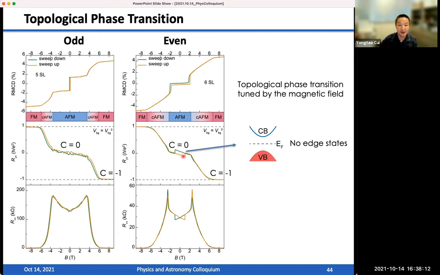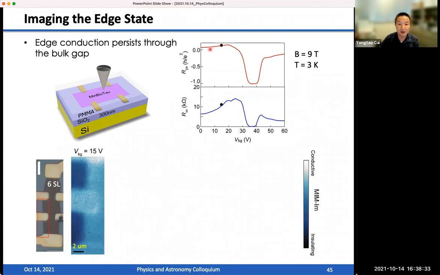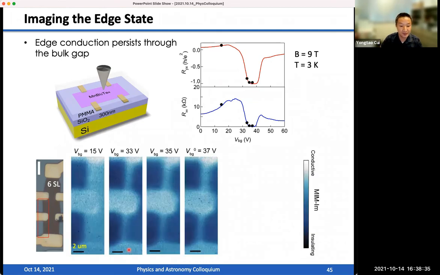In this trivial, or C equal to 0, phase, we don't expect any edge conduction. But in this topologically non-trivial case, we do expect that there are going to be edge states. Okay, so that's the first thing we can characterize. So we can measure the sample, we focus on this edge region, and then we can tune the system into the quantized states, and we can scan a spatial map.